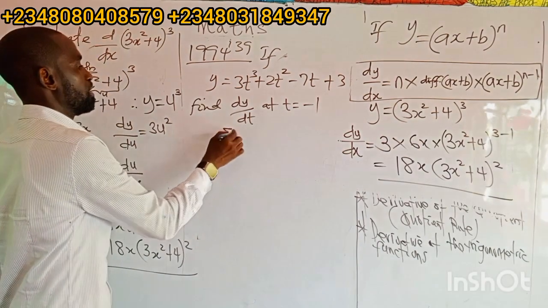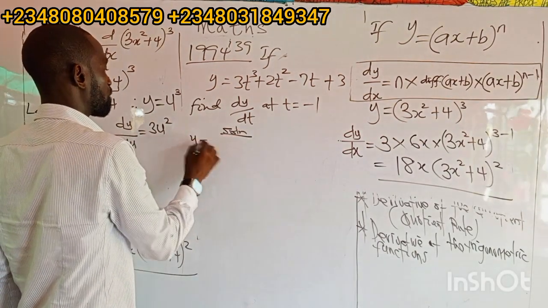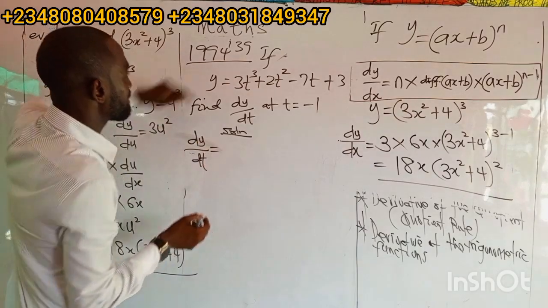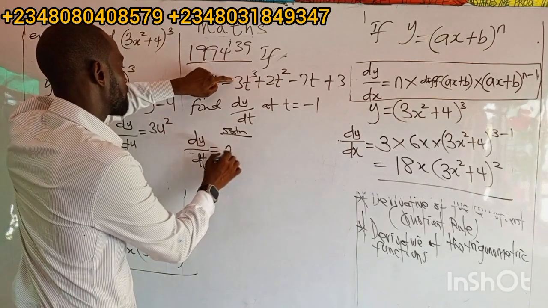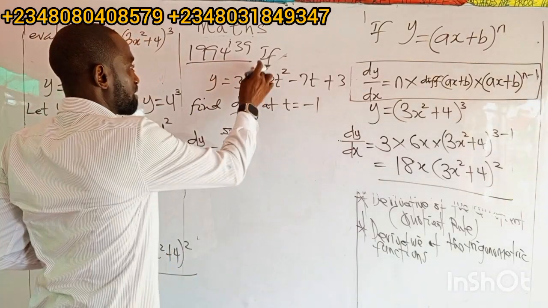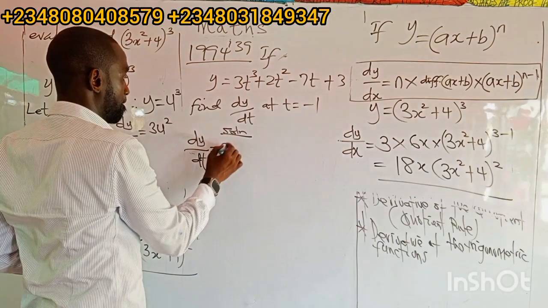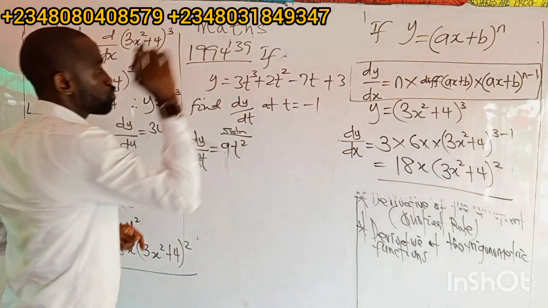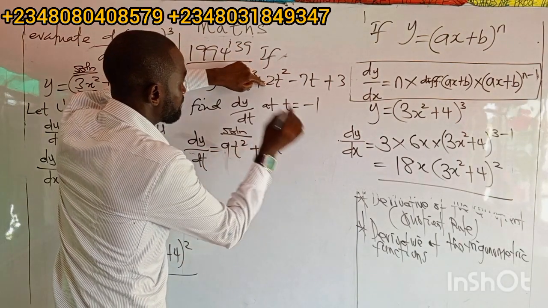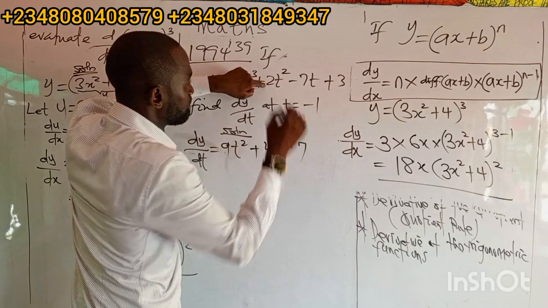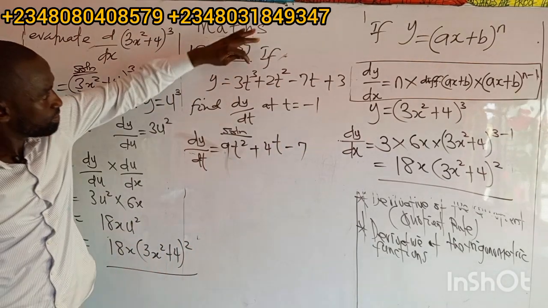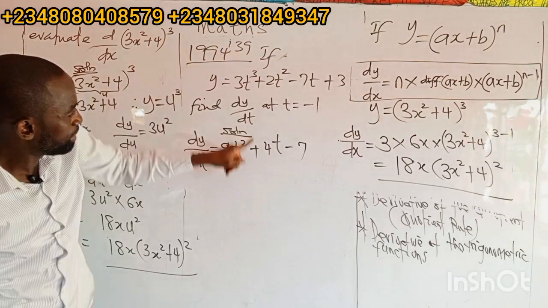So let's take our dy/dt straight up. 3 times 3 is 9, then t raised to power 3 minus 1, which is 2.